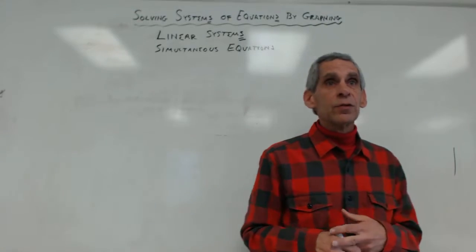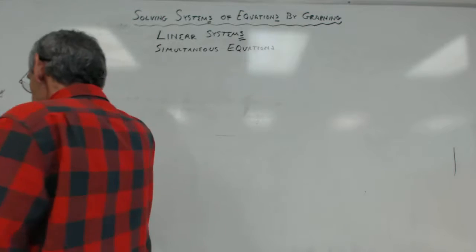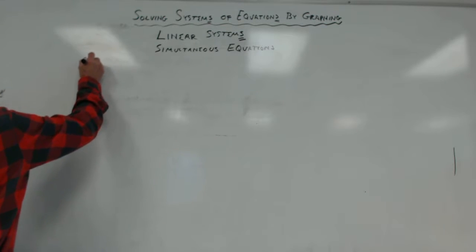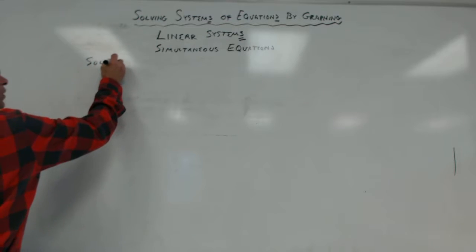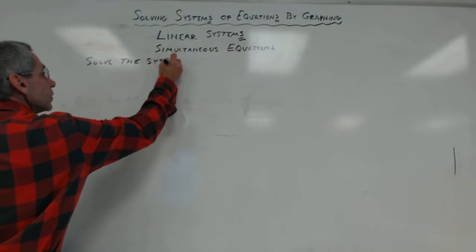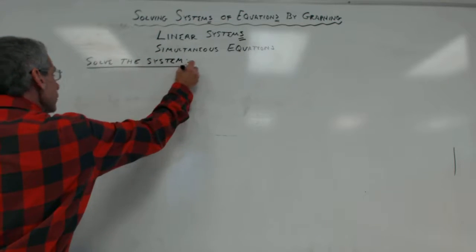Now, we're going to actually be talking about solving systems of equations. And I'm going to actually write a problem down right now. So I'm going to ask you to solve this system. Solve the system. Make sure this is in your notes.